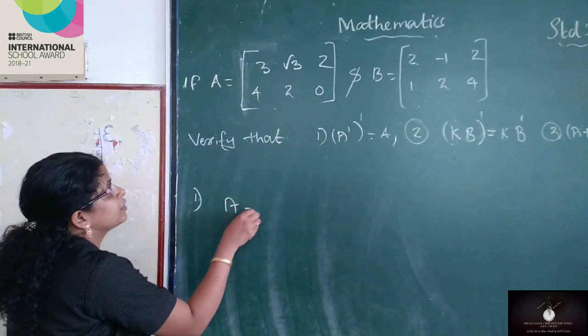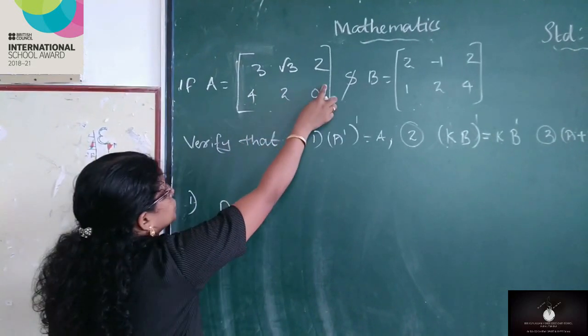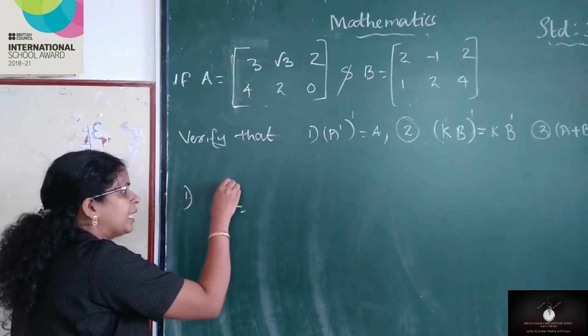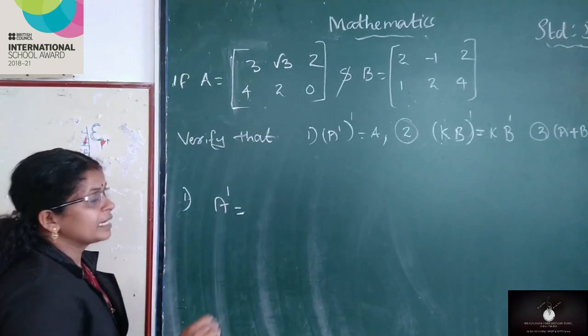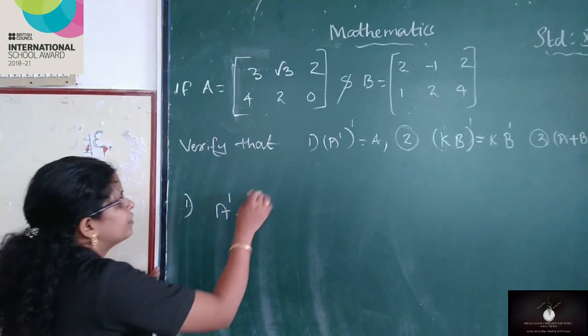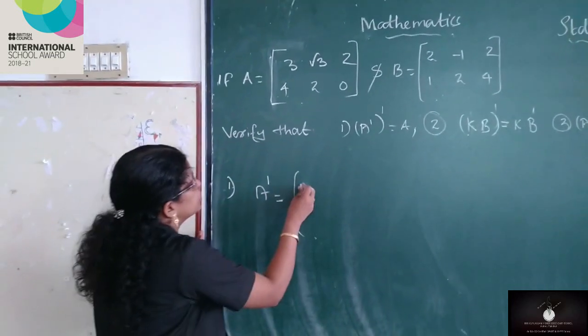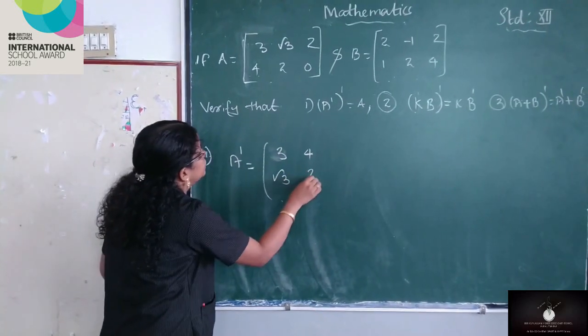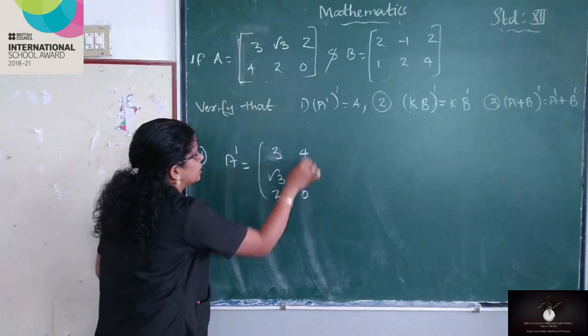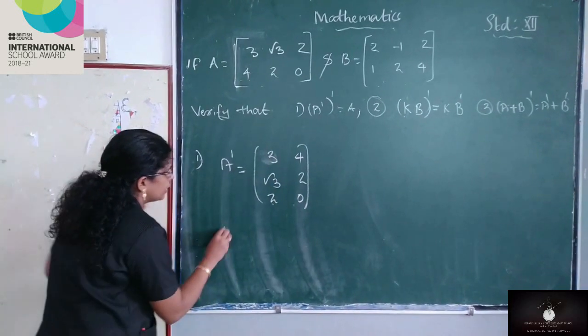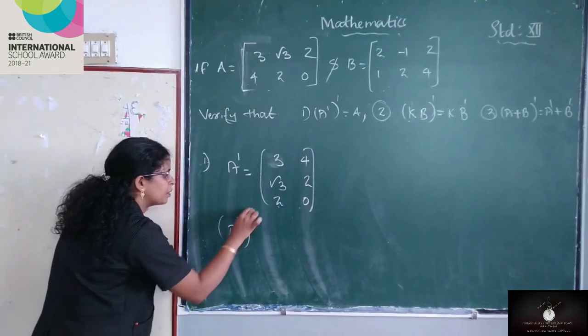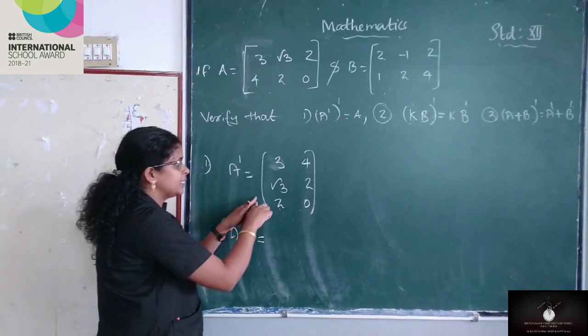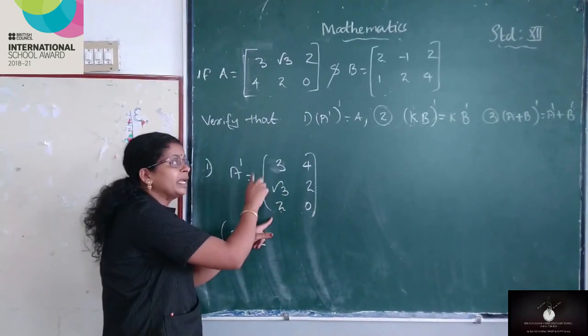First, A is equal to 3, root 3, 2, 4, 2, 0. So A transpose, interchanging the rows and columns, we can write as 3, 4, root 3, 2, 2, 0. Now A transpose whole transpose: we interchange the rows and columns of A transpose.